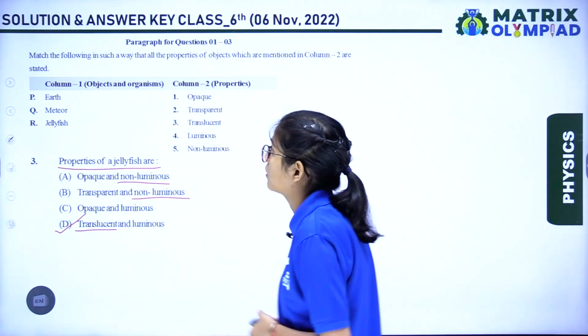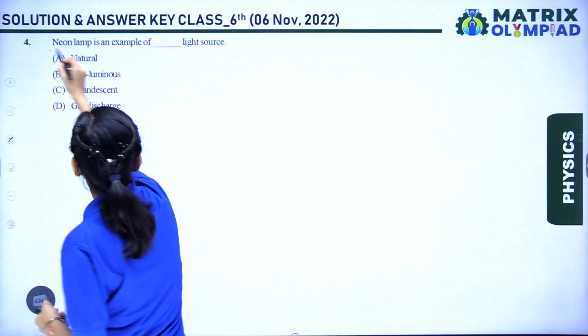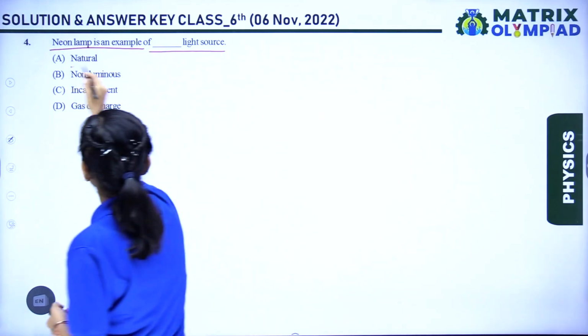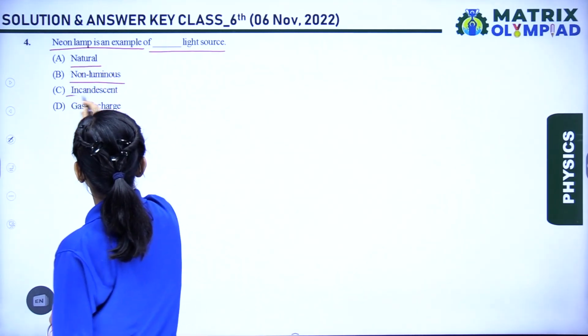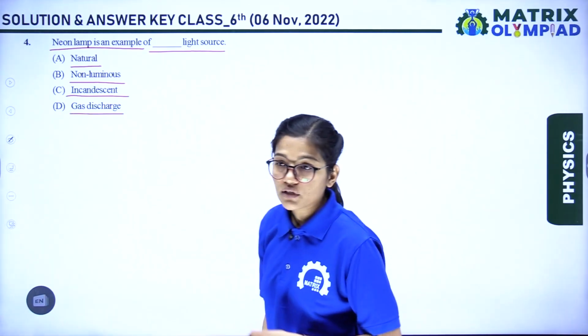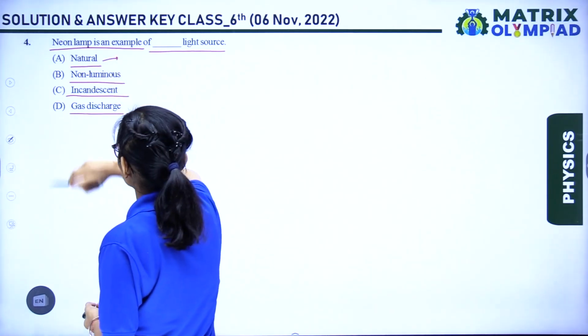Now let's come to question number 4. In question number 4, a neon lamp is an example of which light source: natural, non-luminous, incandescent, or gas discharge. Natural sources of light just occur in nature.